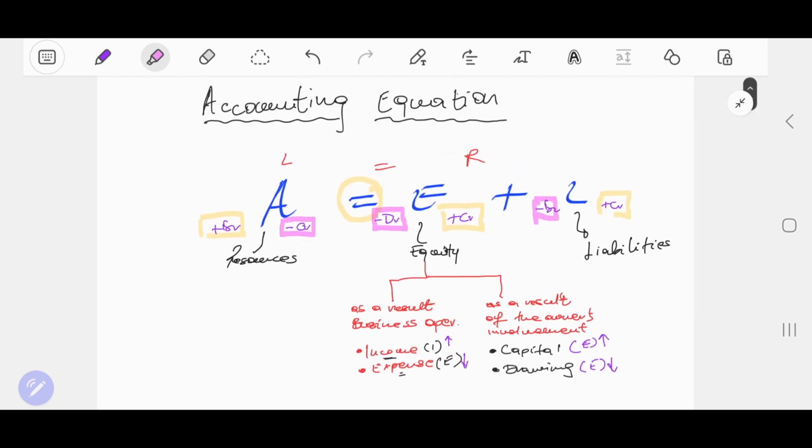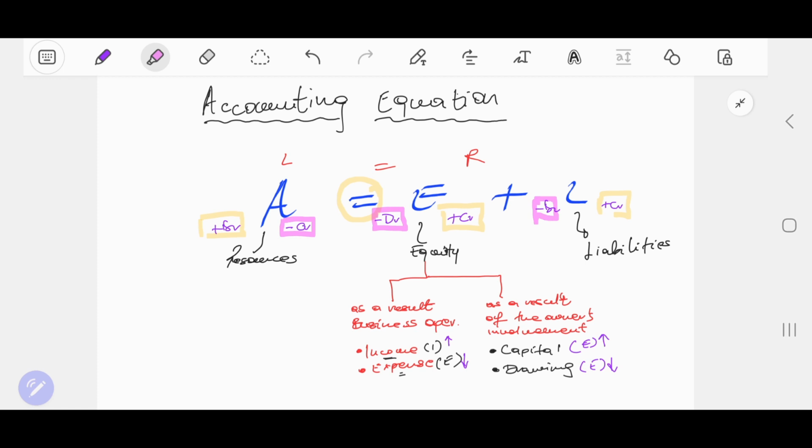But what I wanted you to know is that the accounting equation tells us how to analyze and record our transactions in a business. And the meaning or the logic behind the accounting equation is that the assets of the business must be equal to the funding that was used to buy those assets.